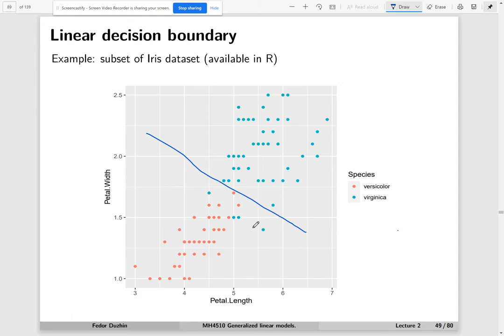Well, but there are many different linear boundaries, right? So we could do this linear boundary, or this linear boundary, or this linear boundary, and so on and so forth.